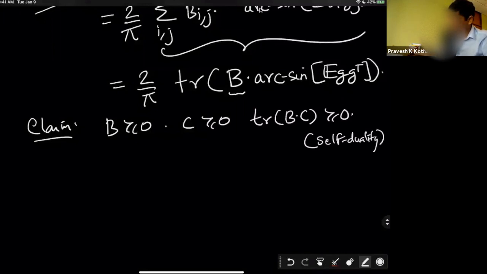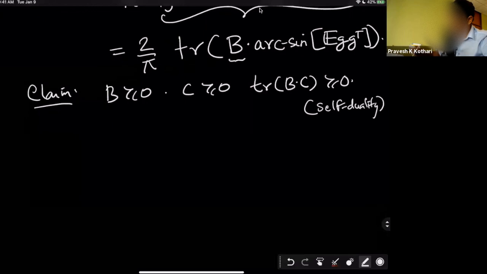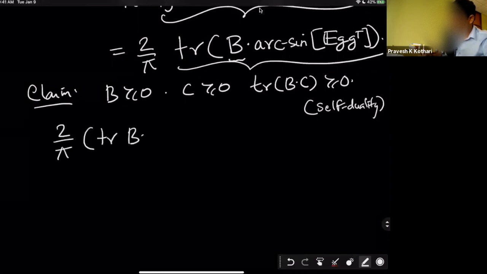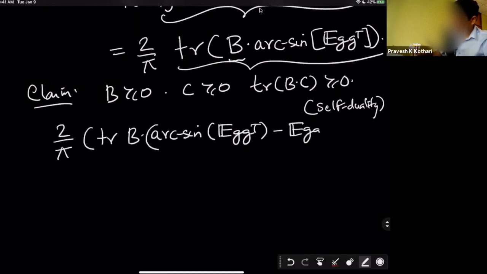And so all we're going to observe is that, I can use the self-duality to conclude that 2 over pi trace of B times arc sine E G G transposed. Well, we already proved that this PSD dominates E G G transposed. So this must be non-negative. This claim implies this.